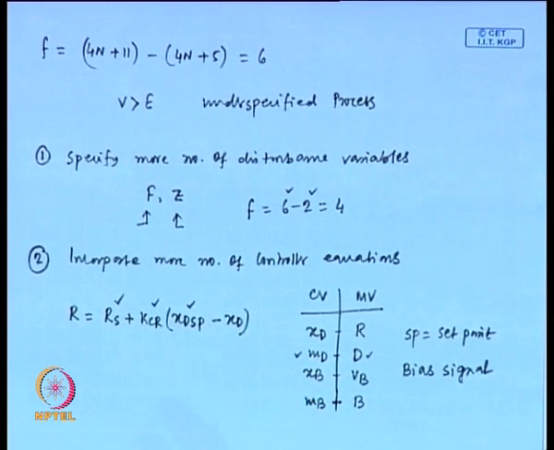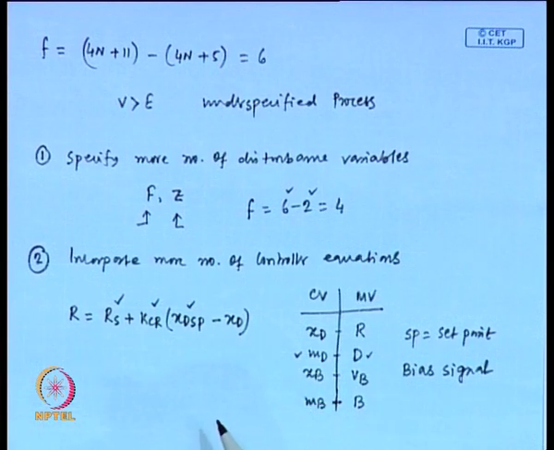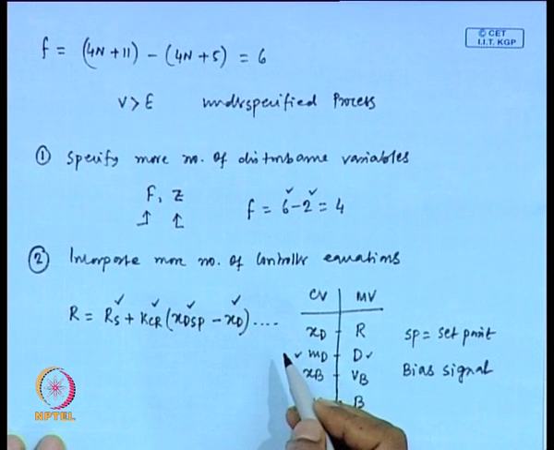Kcr is the controller parameter which we need to determine, or we call it the tuning parameter, that is basically a constant term. xd Sp is the xd set point, that means the desired value of xd, and this is the actual xd. So, this is one equation.